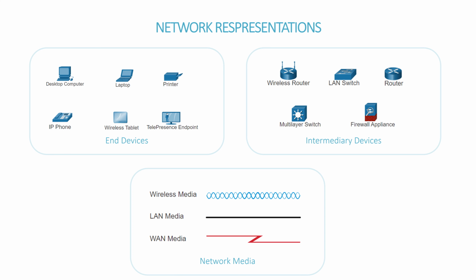Each device to be connected must have a network interface card, which physically connects an end device to a network; a physical port, which is a connector on a network device where media connects to another end device or network device; and an interface, which is a specialized port on the network devices that connects to individual networks.